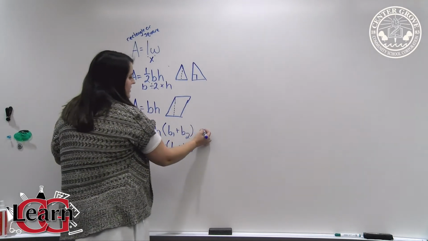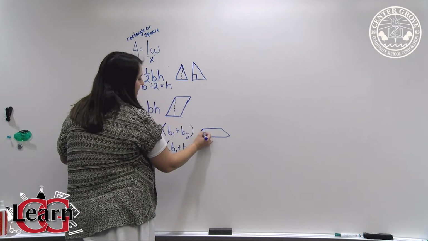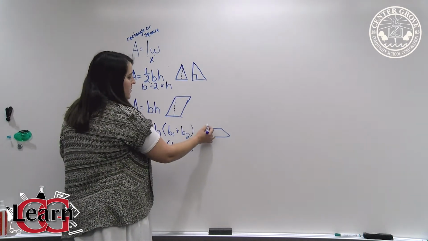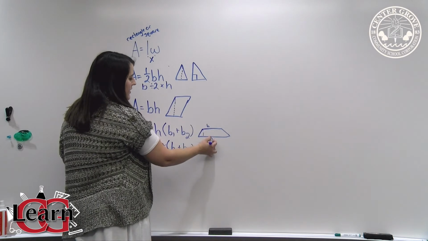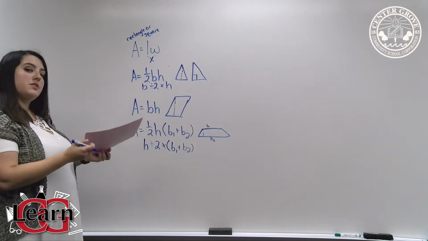And the trapezoid looks like this. And the height, again, goes from top to bottom, straight up and down. This is base 1 or base 2, and this is base 1 or base 2. They can be used interchangeably as long as you use the top and the bottom.